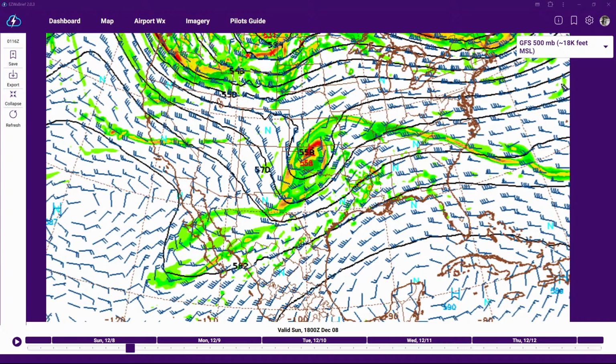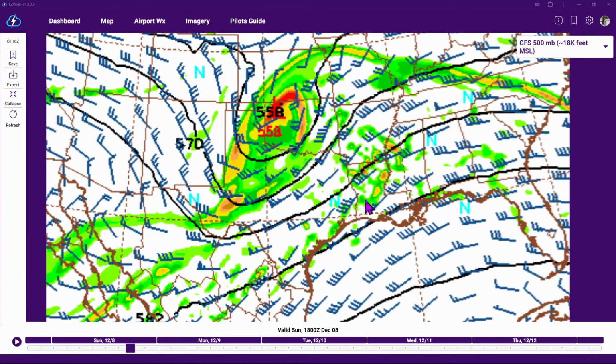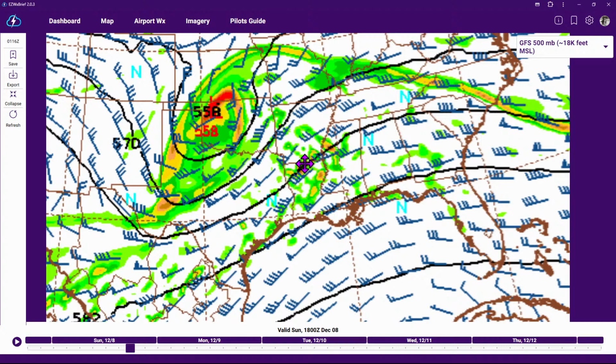I'll zoom in a little bit more so you can see it more carefully. In this particular case, we have a real speckled look to this vorticity pattern. By no stretch of the imagination is this a huge upper level disturbance, but if there's enough instability and enough moisture available, and this is a system originating out of the Gulf of Mexico, so it's got a lot of moisture associated with it, we do expect there could be some precipitation that could have a convective element to it.